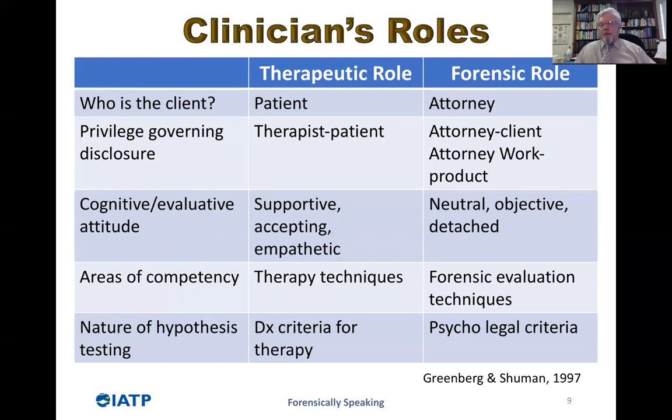However, when you're working in a forensic setting, it is between the professional, the clinician, and the attorney. It is always wise then to have the payment coming from the attorney. It will show up later on in court as a lack of bias. It also ensures that you will get paid.